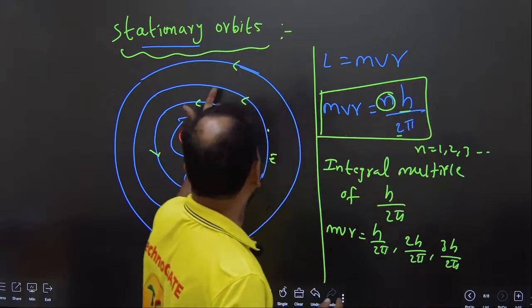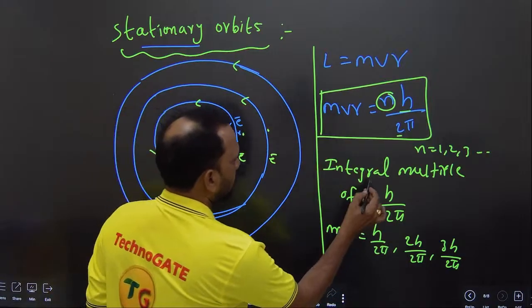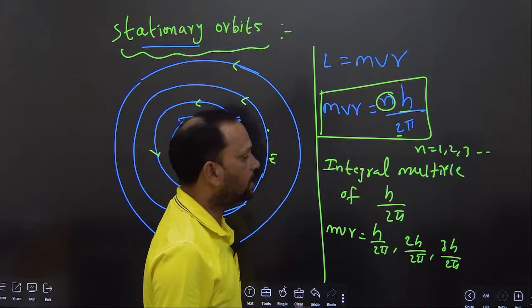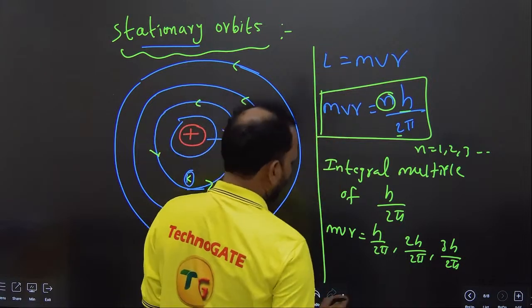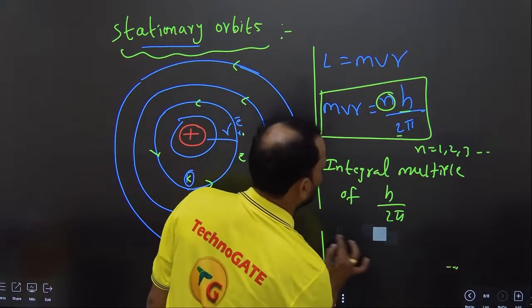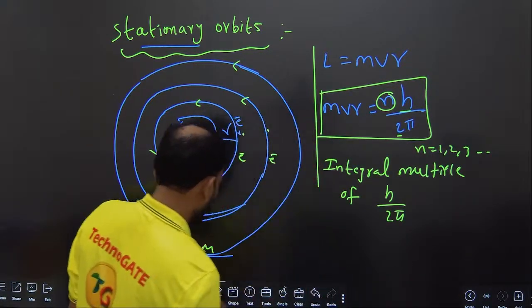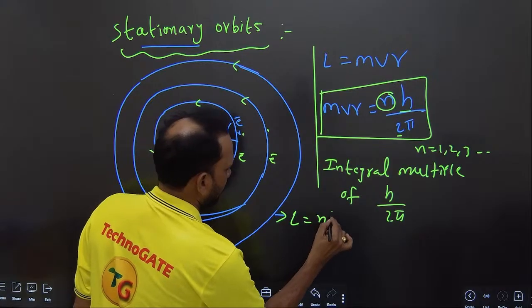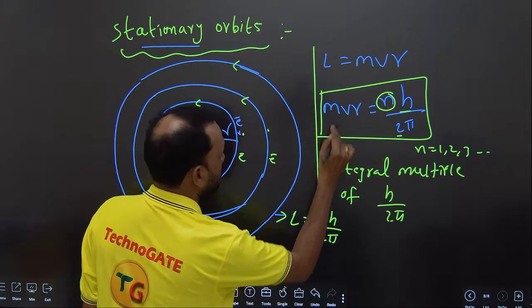We can call this rule the quantization rule. So mvr is equal to nh by 2pi, that is, L is equal to nh by 2pi because L is equal to mvr.